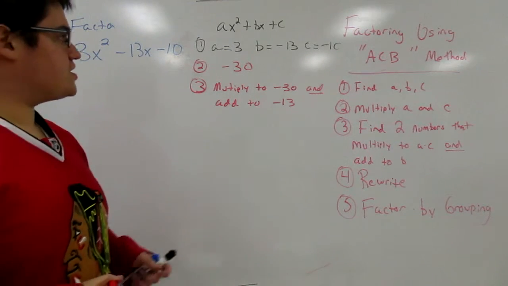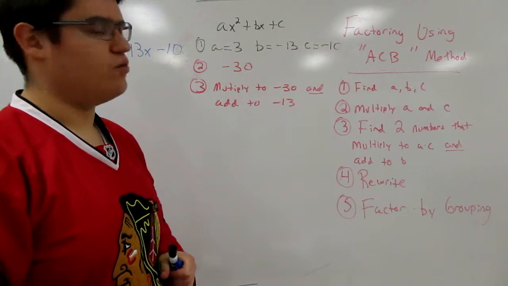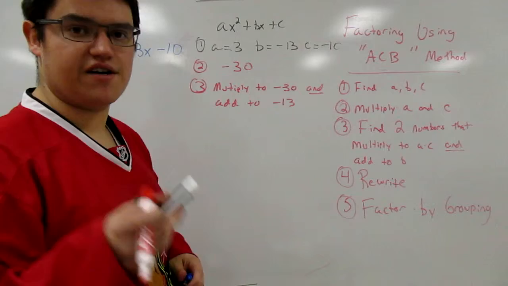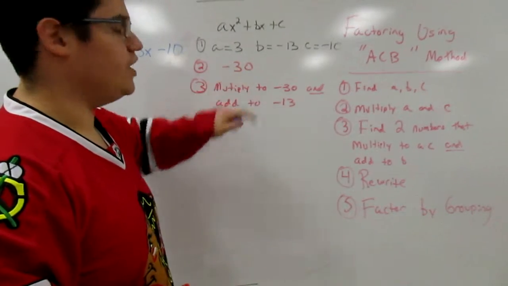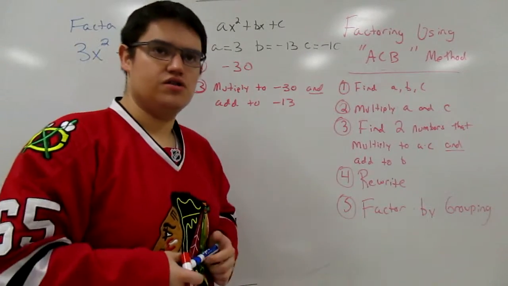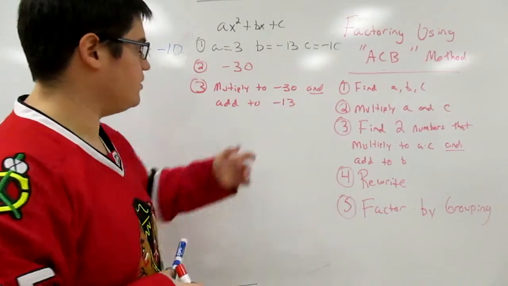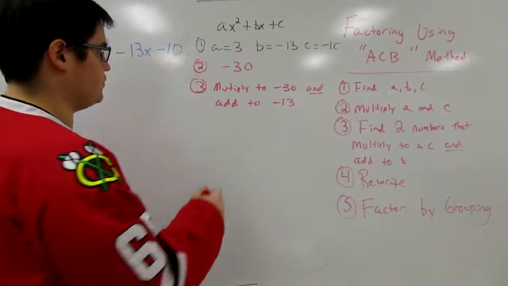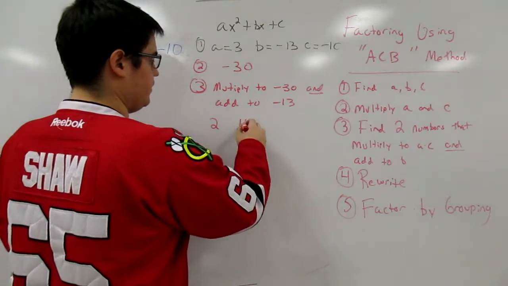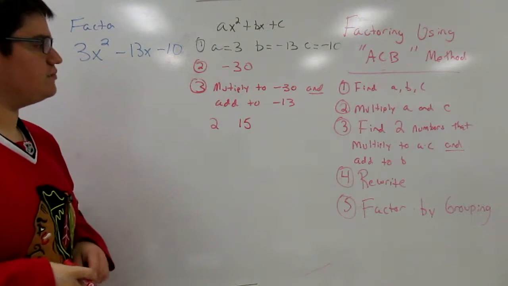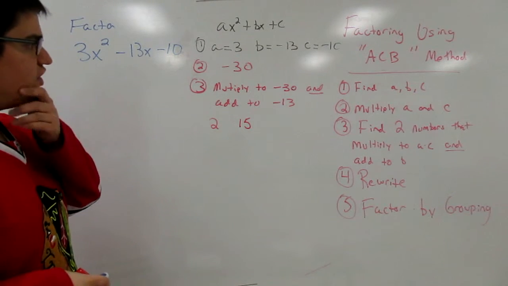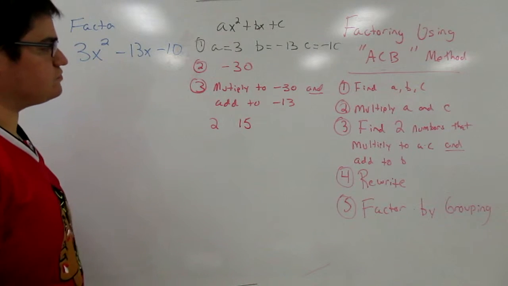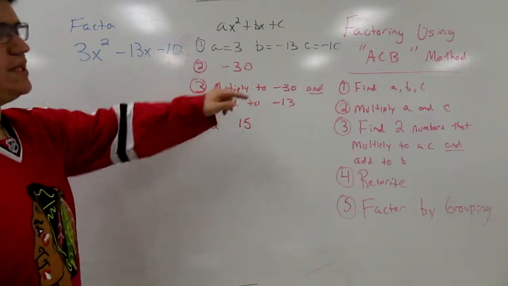Well, the best way to do this, don't worry about the negative sign too much. Once you find the numbers that do that, then you worry about the signs. Just think of factors of 30. Well, we know 30 could be divided by 2. 2 times 15, okay, that gives us 13. So we can try that out. Say we have 2 and 15. And then we got to think, is there any way I could rearrange these to get negative 13 while keeping that they multiply to negative 30?